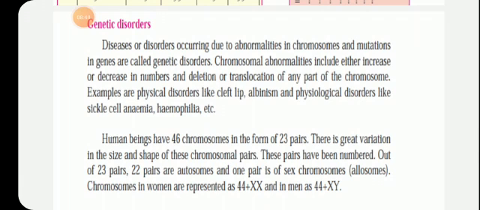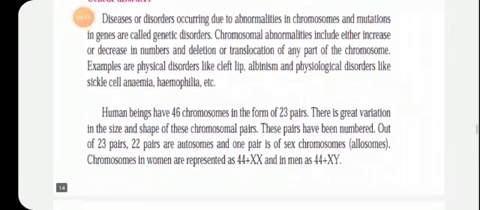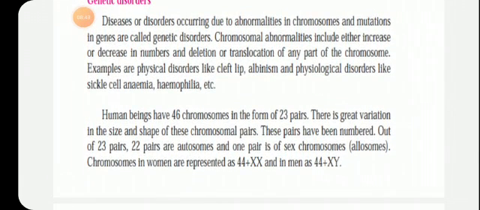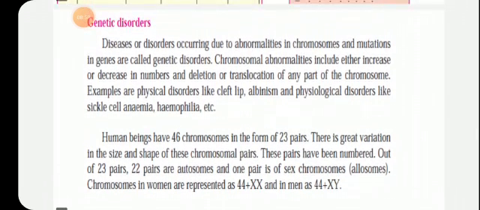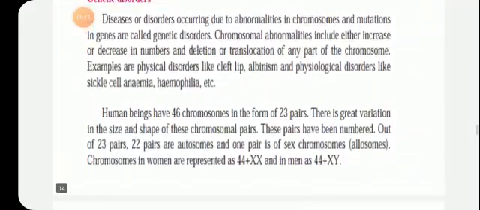So disorders occur due to abnormality, where the chromosome size is not proper, or there is a change in the number of chromosomes, that is a mutation. Children, here abnormality means change in the number of genes, genetic characters, while mutation means change in the size of the gene. Okay. If you observe any of that, then accordingly the diseases are seen in human beings.